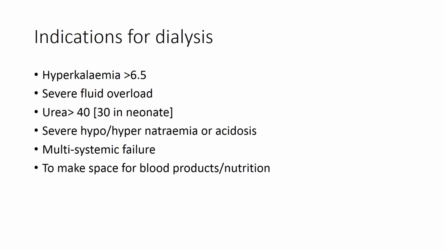In addition, packed cells have a higher content of potassium, so there's a risk of inducing hyperkalemia in a patient with anuric renal failure, and so therefore that becomes an indication for dialysis. And then finally, in patients requiring nutrition, in whom fluid restriction entails that we are severely restricting their caloric intake, we would want to do dialysis.